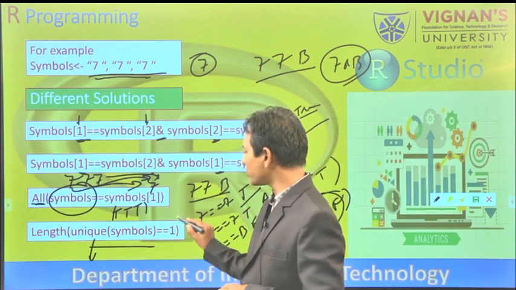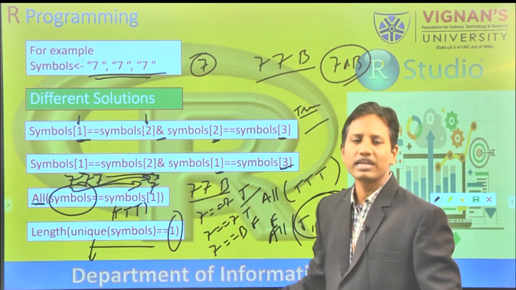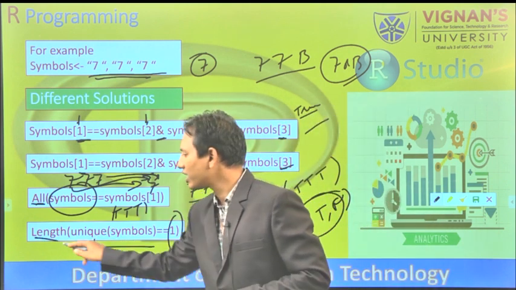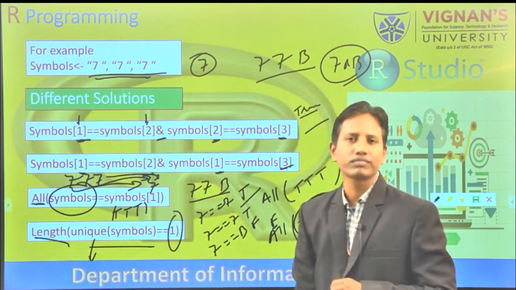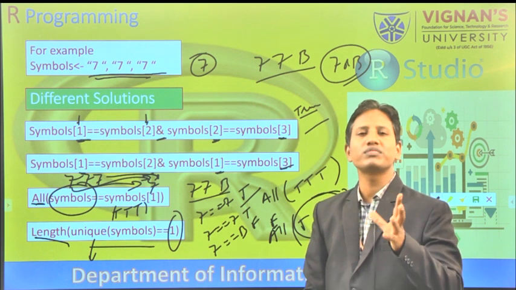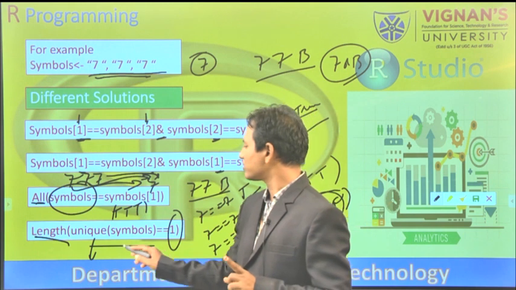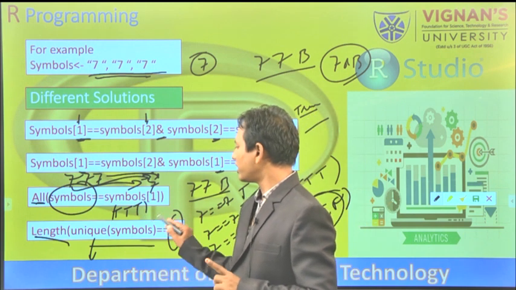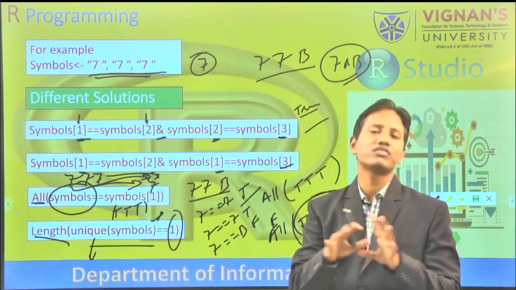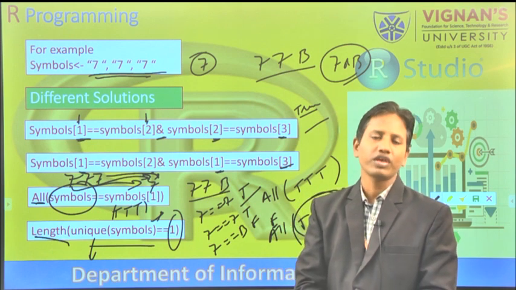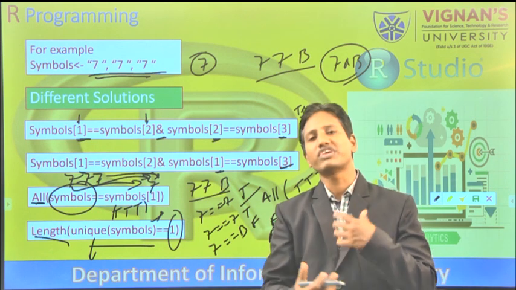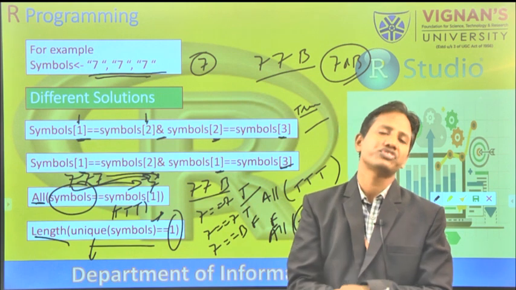So using that logic, I have used this: the length of unique of symbols is equal to 1, because the unique symbol must be only 1. If the length is only 1, then we can say that all symbols are the same. Like this, you can think of many conditions.